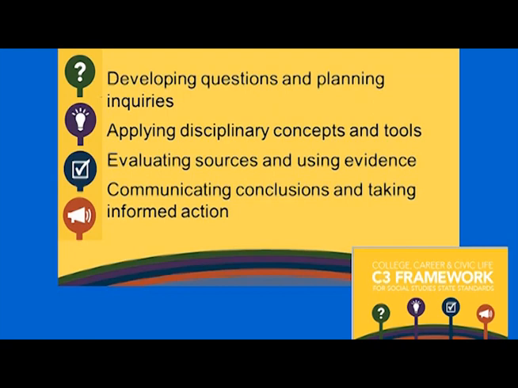In the C3 framework, if you're familiar with it, this looks familiar to you. If you've not read it before, it's comprised of 4 dimensions. They call them the 4 dimensions. The first dimension of the C3 framework is how inquiry begins, developing those compelling questions and planning the inquiry. The little light bulb icon means that you will have students applying interdisciplinary concepts and tools.